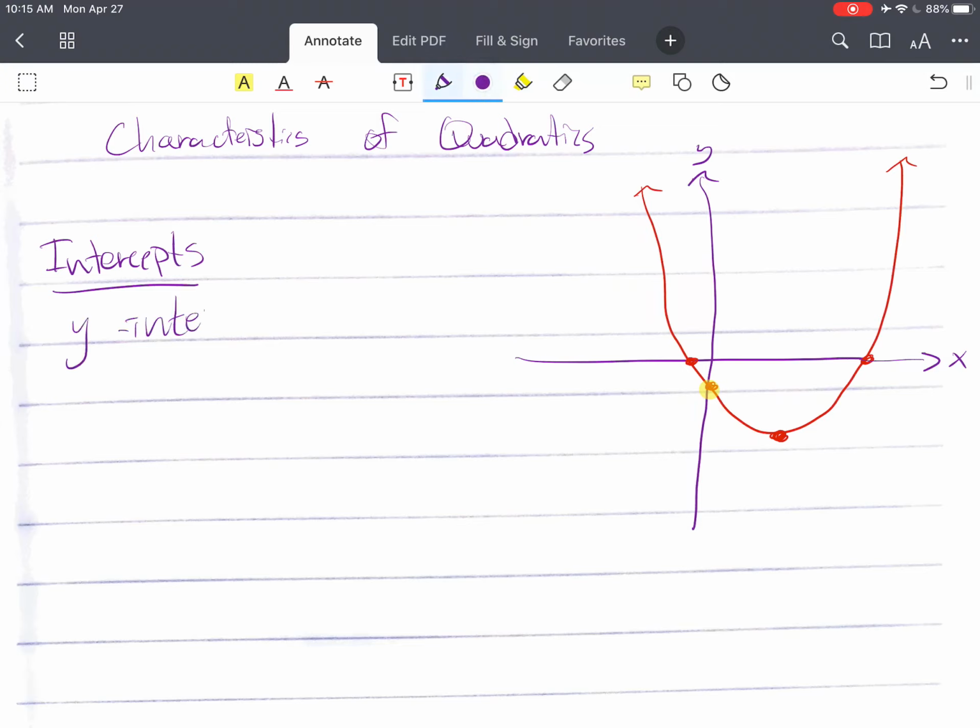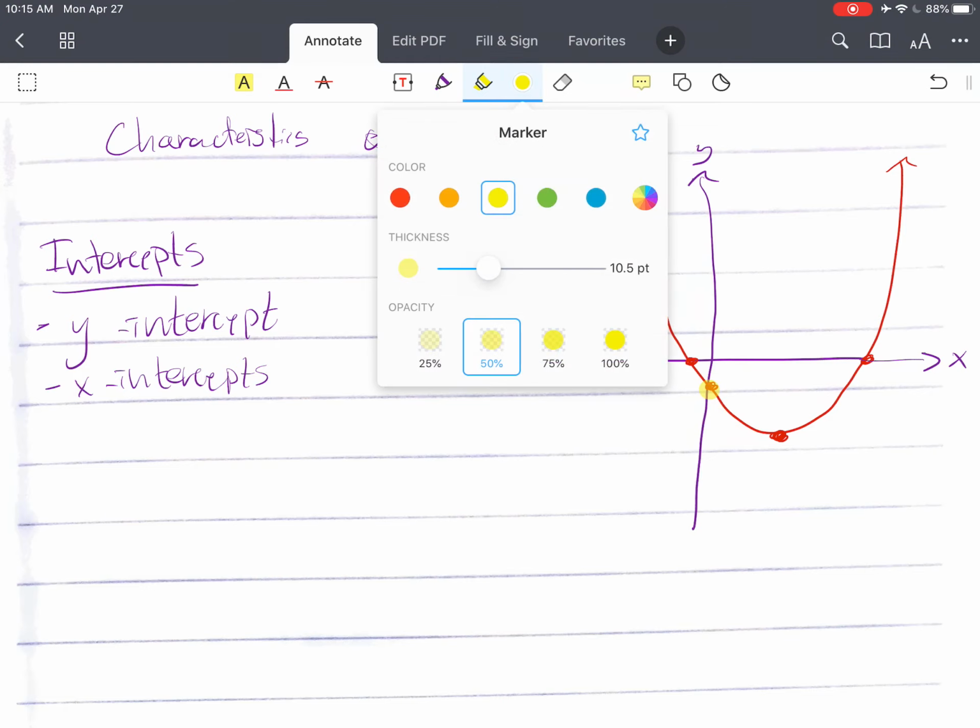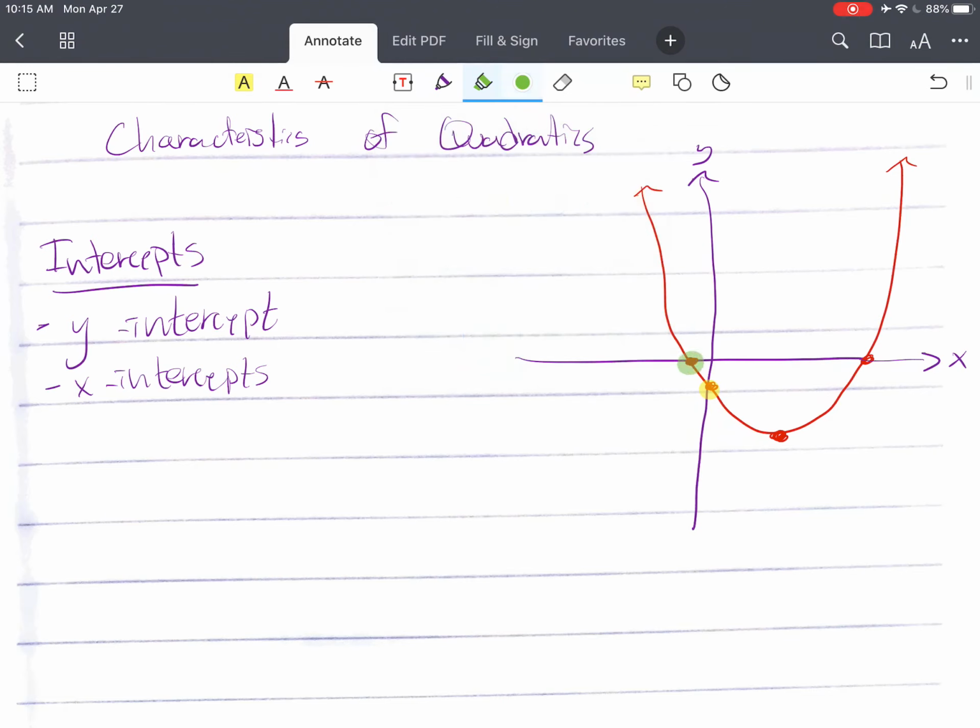It is crossing right there, so we have a y-intercept. Every quadratic will have a y-intercept. There will always be a y-intercept, okay? But you also have x-intercepts, and this is where they cross on the x-axis. I'm going to use the color green.